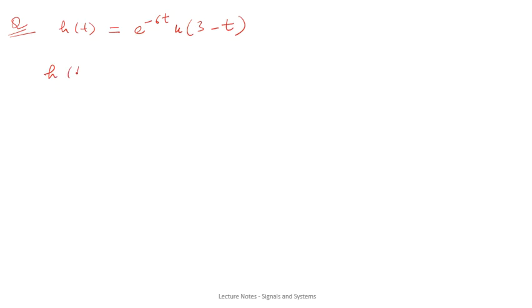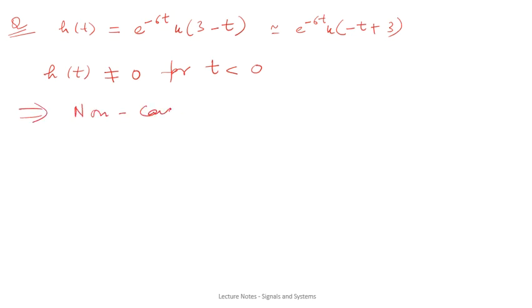You can see here that this h(t) is not equal to 0 for t less than 0. This is written as u(3 minus t). You can also write it as e raised to the power minus 6t u(minus t plus 3). So this will be non-zero for t less than 0, and this will simply mean that this system will be a non-causal system, since this is violating the condition for being causal.